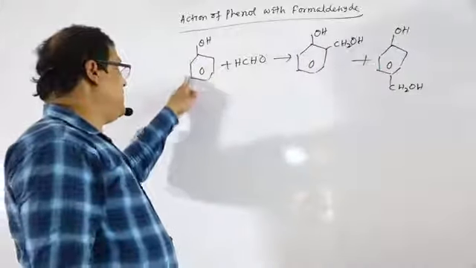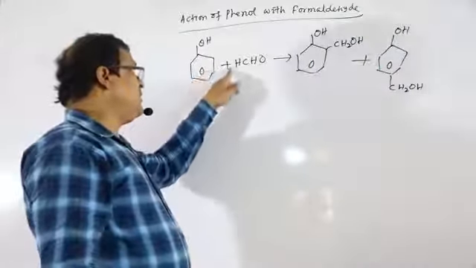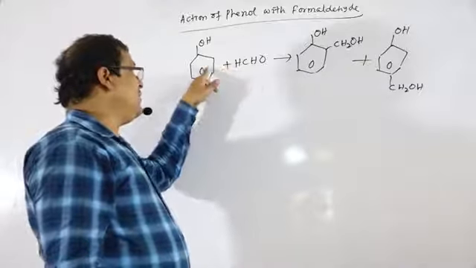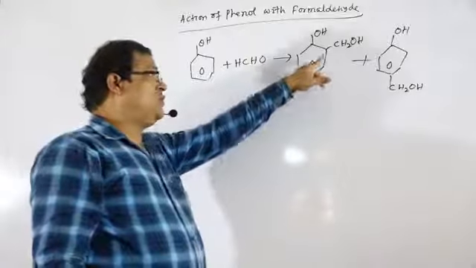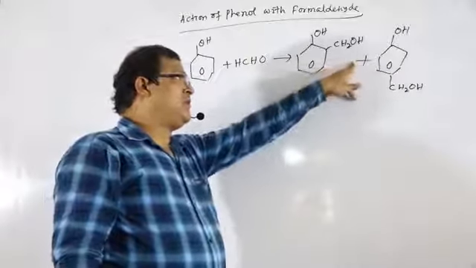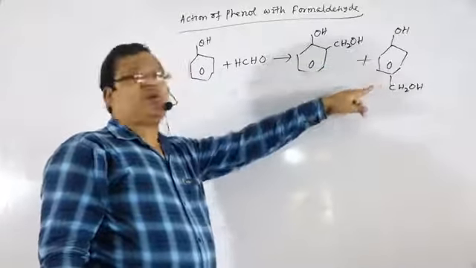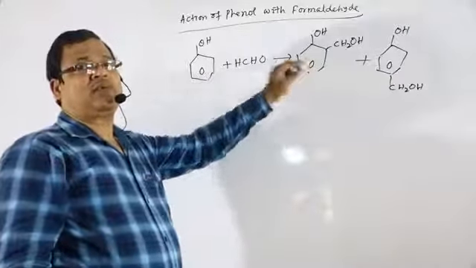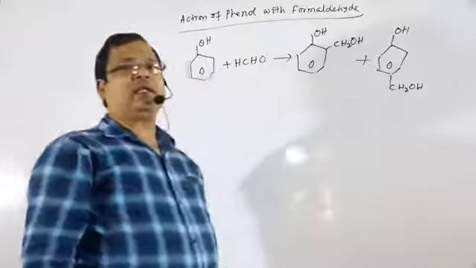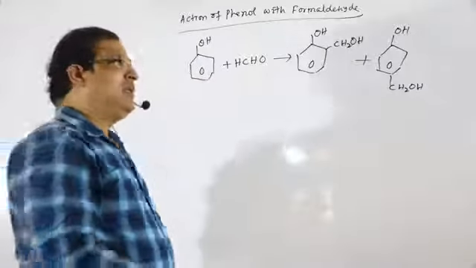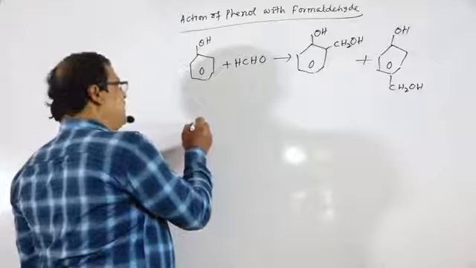So whenever phenol is treated with formaldehyde, there is the formation of ortho product and para product. Whenever these ortho products combine, there is the formation of a linear polymer.